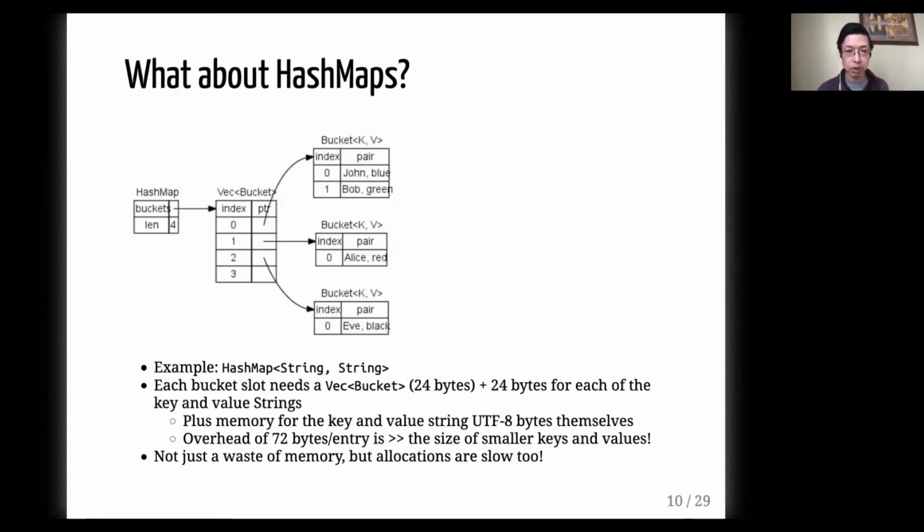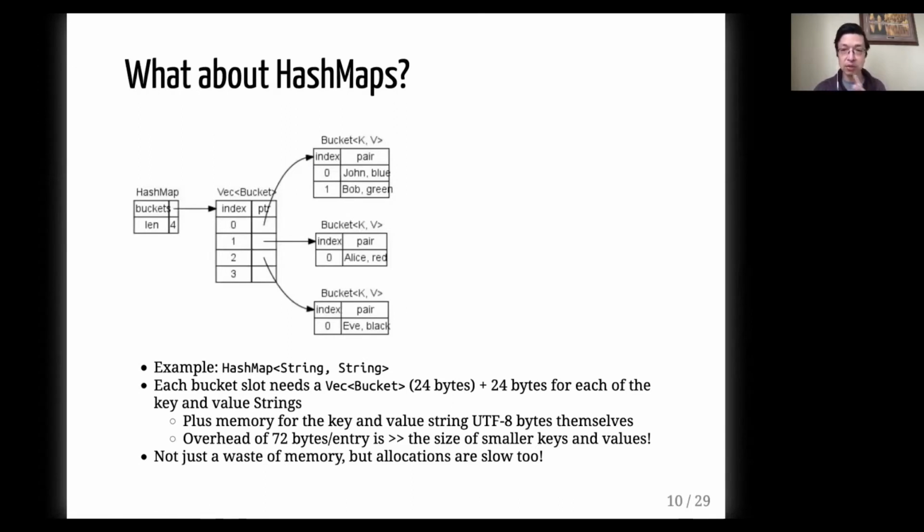So what we notice here is that the list of buckets is basically a vec of a bucket, and in each slot is a pointer to a bucket, and in each bucket entry would be your key and value pairs for the items.